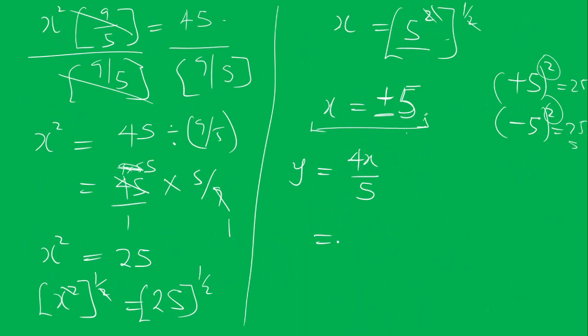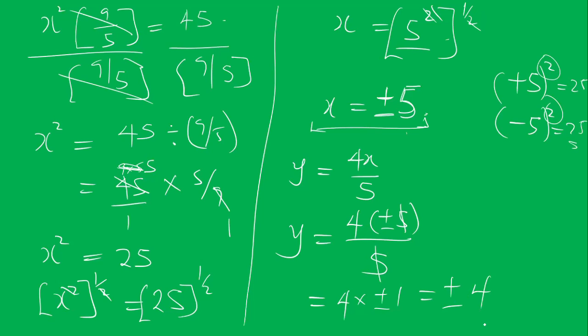Now, substituting x equal to plus or minus 5, you now have y equal to 4 times plus or minus 5 all over 5. If 5 cancels this, you have 4 times plus or minus 1, which gives you plus or minus 4.